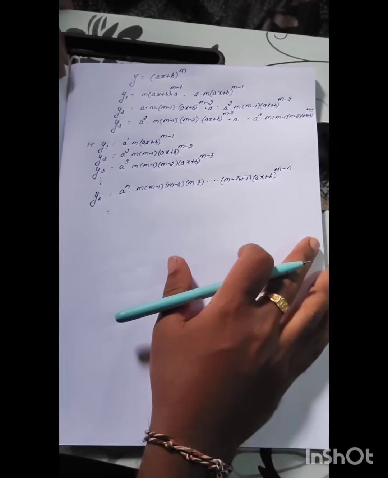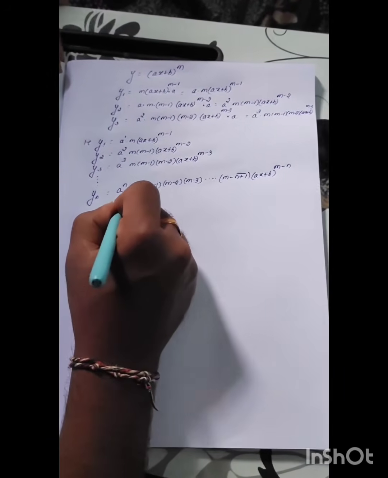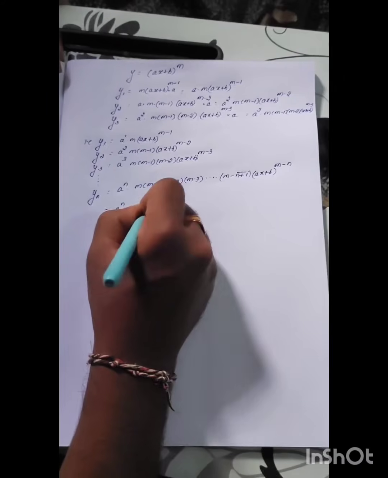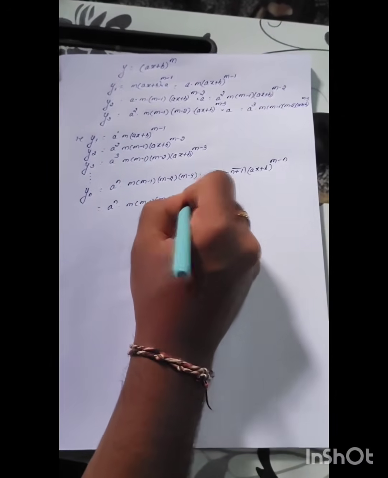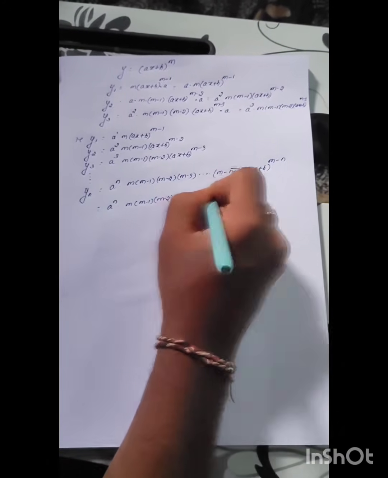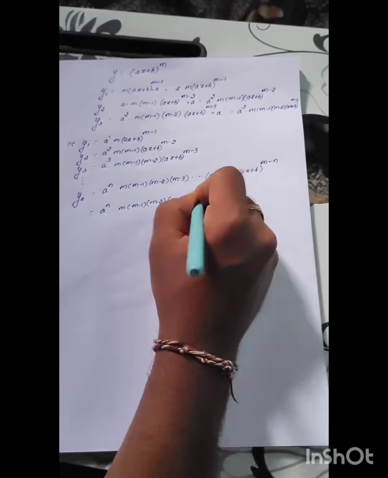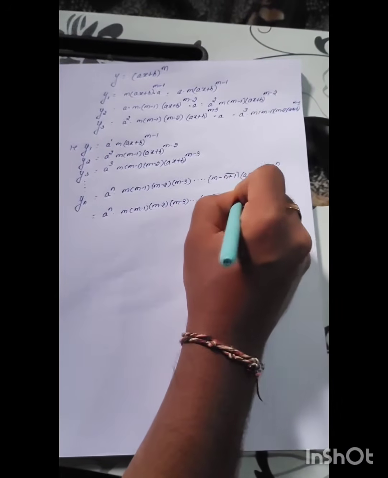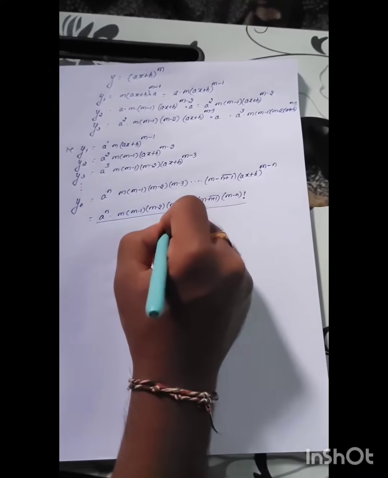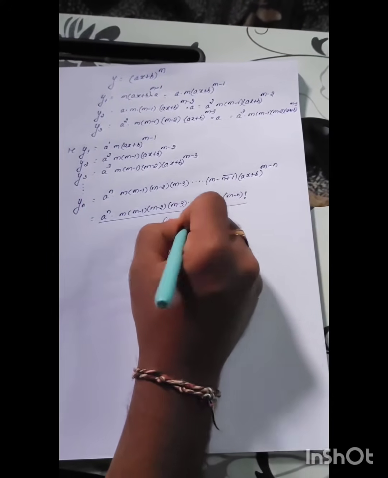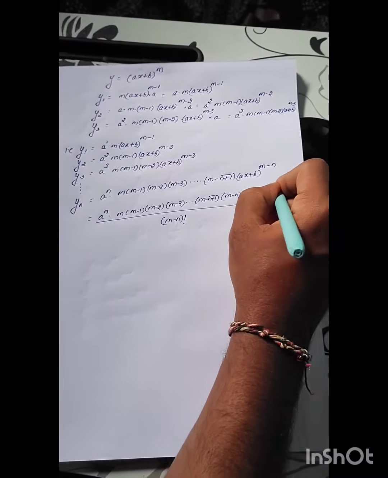So let's multiply and divide it. So that will become a power n into m into m minus 1 into m minus 2 into m minus 3, and so on, up to m minus n plus 1 into m minus n factorial, divided by m minus n factorial, into ax plus b raised to m minus n.